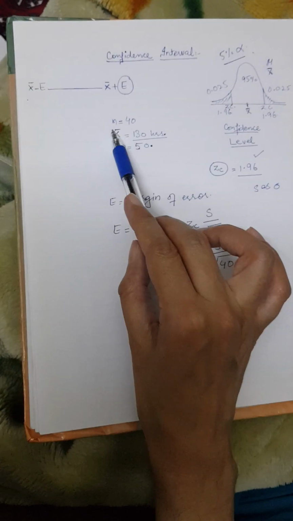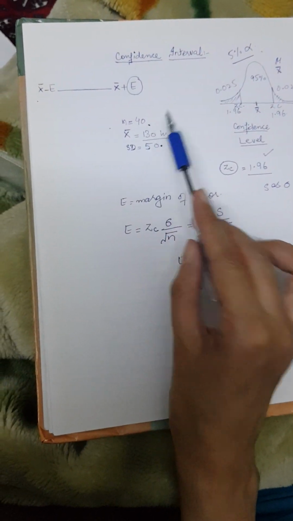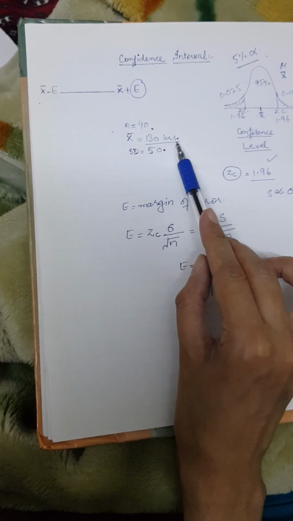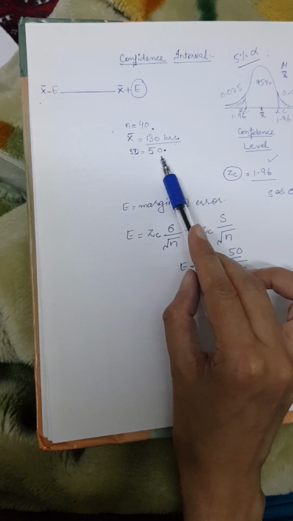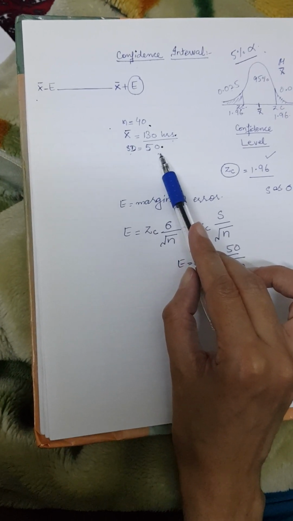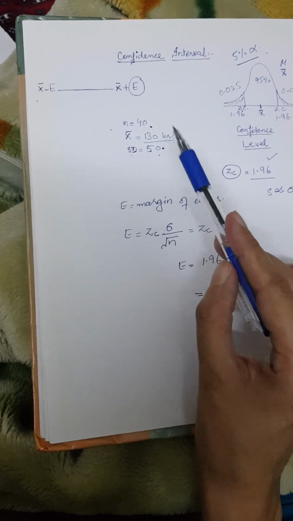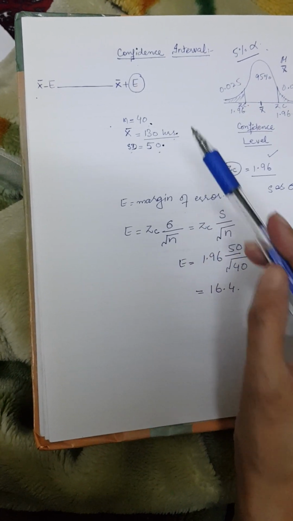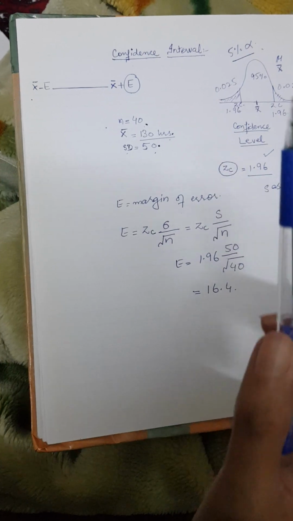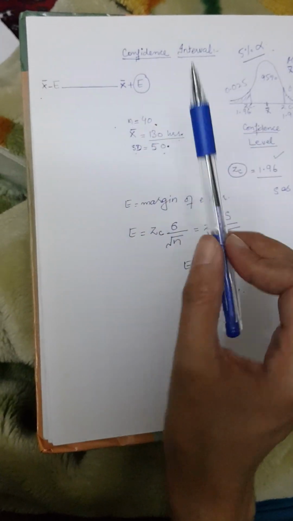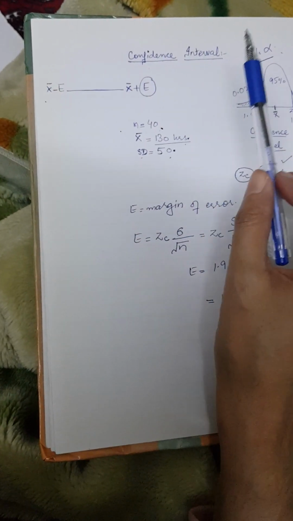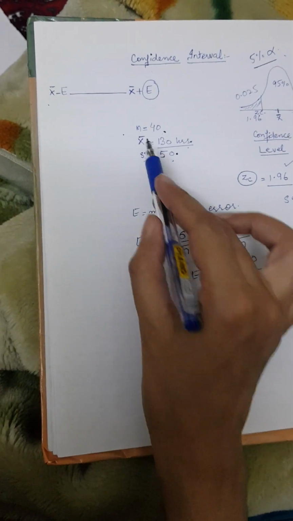So our n was 40, our sample mean was 130, and our SD was 50. And what were we doing? The mean hours for which a person watched Netflix in a week. Now we want the exact values on the right and left, that will be our confidence interval. Now what is our sample mean?